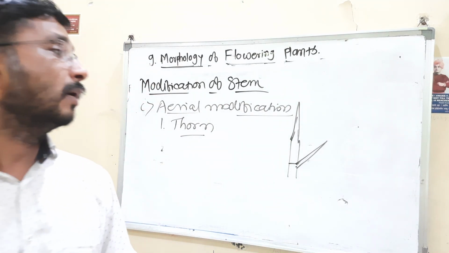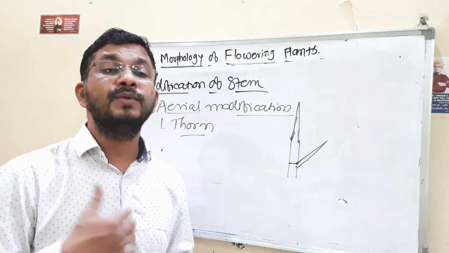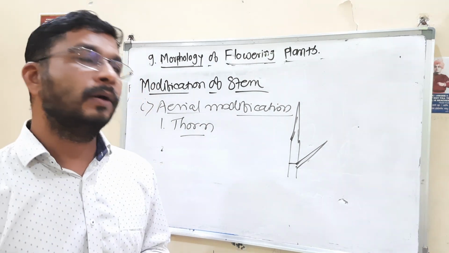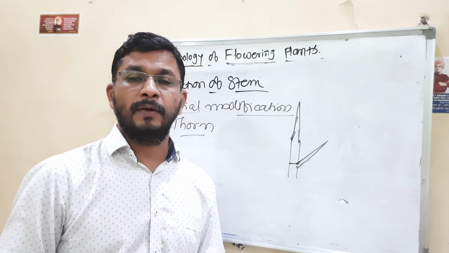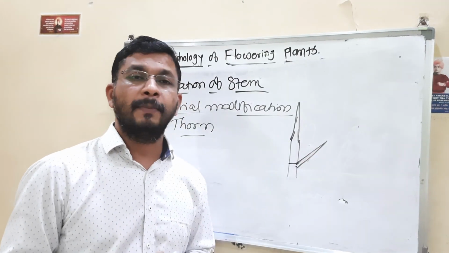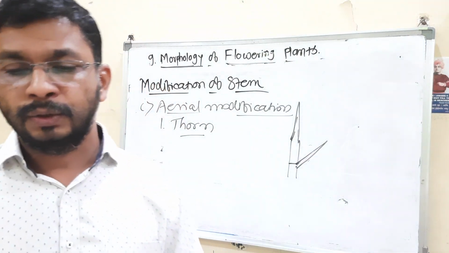They are used to protect themselves, and they reduce transpiration to avoid excess loss of water. For that they prepare this type of structure, that is a thorn.